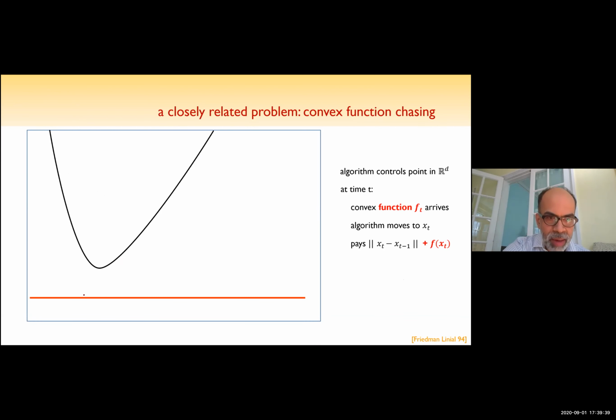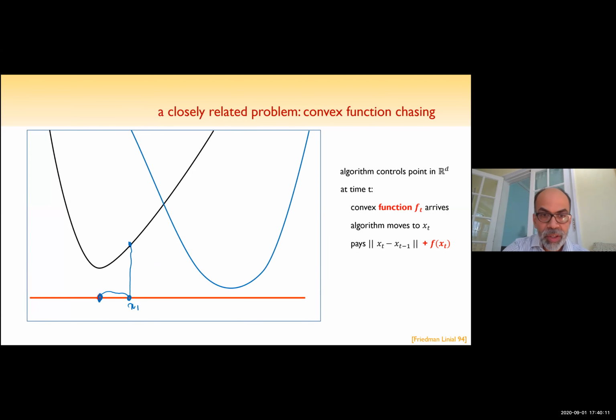In this case, I'm controlling a point in a one-dimensional space, and the function is defined on the one-dimensional space. If I control this point and this function arrives, I can move it to some other point, let's say x1. And at this point, I'll pay the distance I moved plus the function value at this point.